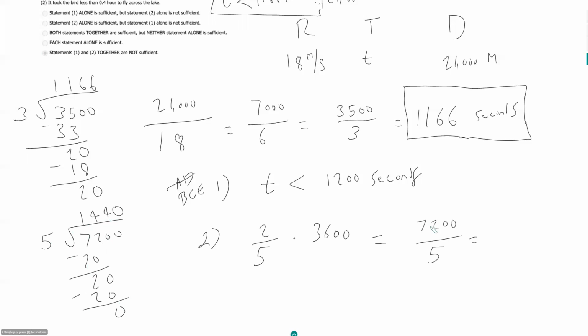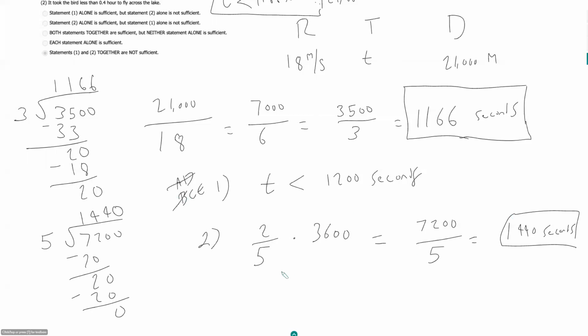So 7,200 divided by 5 is 1440 seconds. So this statement is telling me t is less than 1440 seconds. So again, I don't necessarily know if that is less than 1166 or not. So this guy is also insufficient.